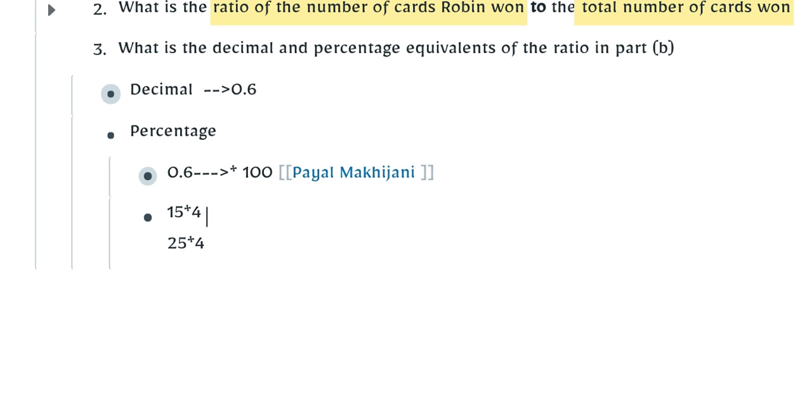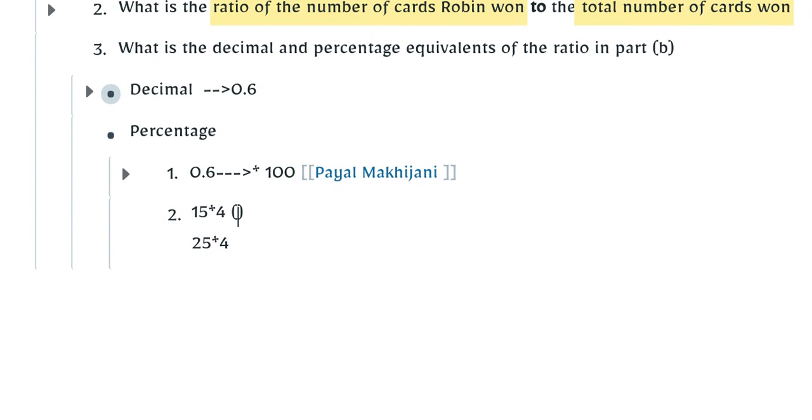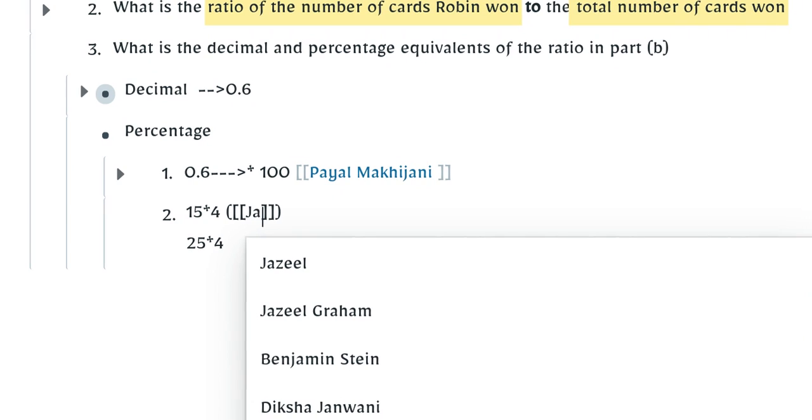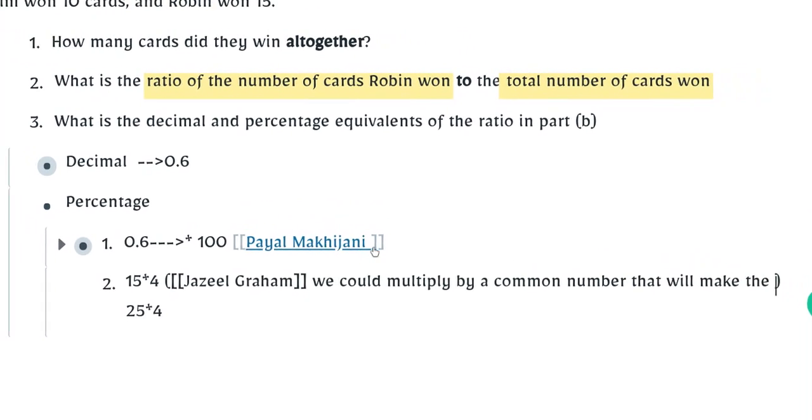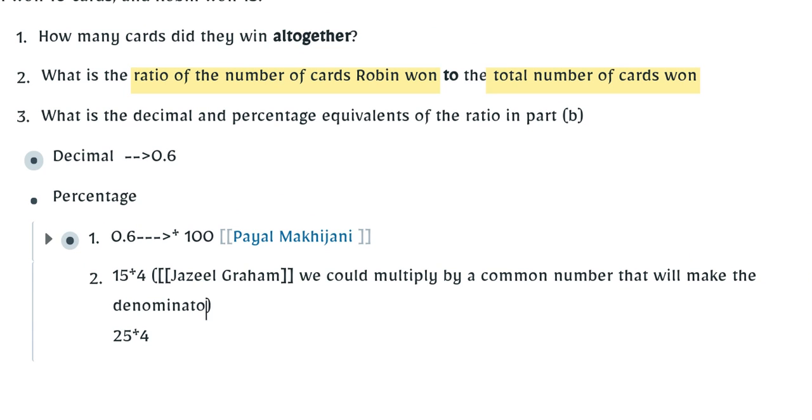So what he's saying is that there's another method, so we could call this method 2. Call this method 2, where Jazeel, let me put your name, Jazeel says we could multiply by a common number that will make the denominator 100 itself, which is 25 times 4.